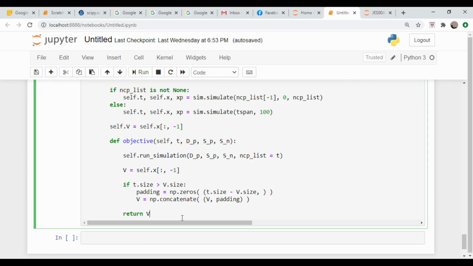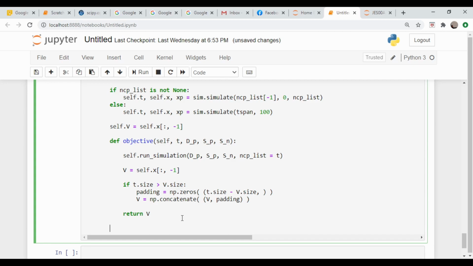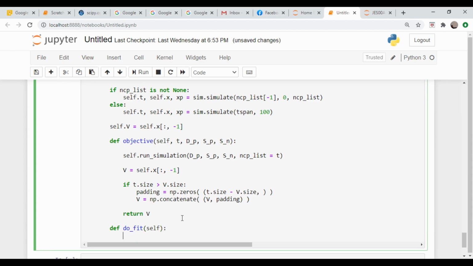And now let's just create a function called doFit. Self. We need our experimental data.